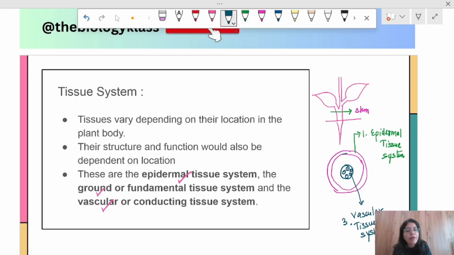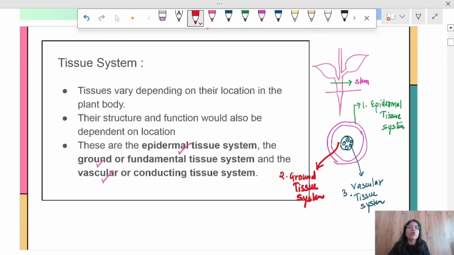And everything except the epidermal tissue system and the vascular tissue system, this entire area, is called the ground tissue system, or you can also consider it the fundamental tissue system, because it is a filling tissue.